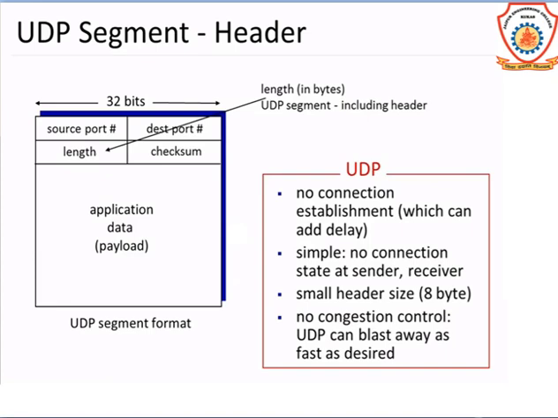There is a checksum field, which we discuss later. Then comes the actual application data, which will be passed to the correct application process based on the destination port number.